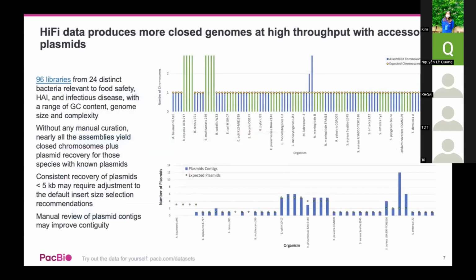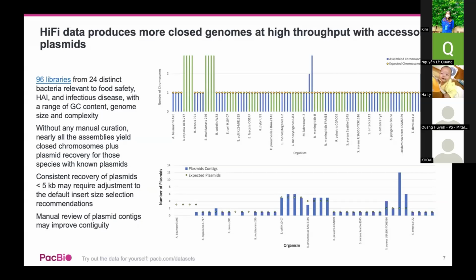To show you the performance of this workflow, we prepared 96 libraries from 24 distinct bacteria relevant to food safety and infectious diseases. Those different bacteria have a wide range of GC content, genome size, and complexity, and each was run with 4 replicates. We then sequenced and assembled them using this microbial genome analysis workflow. In the top figure, you can see that we have 92 out of 96 microbial genome assemblies with the expected chromosome numbers.